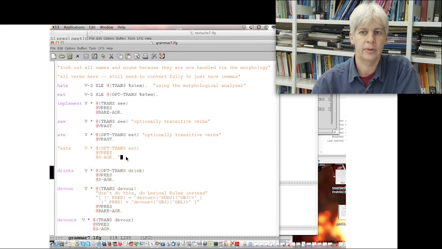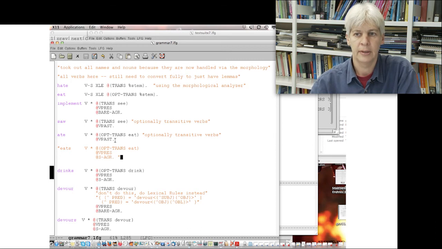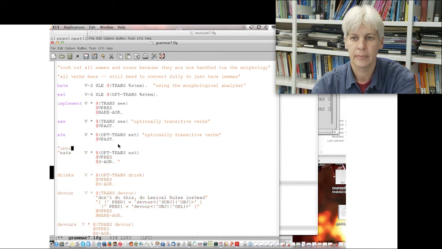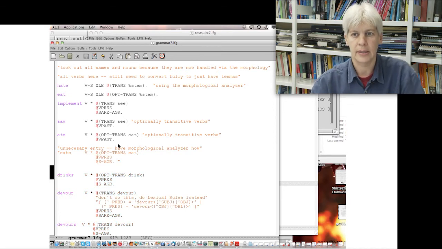So we don't want to have to code all this by myself. So this is an unnecessary entry. Okay, so I think it's unnecessary anyway.